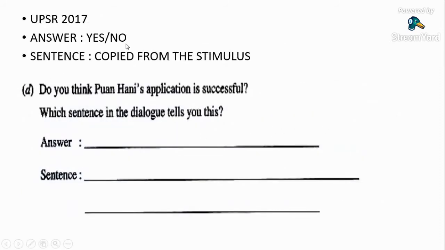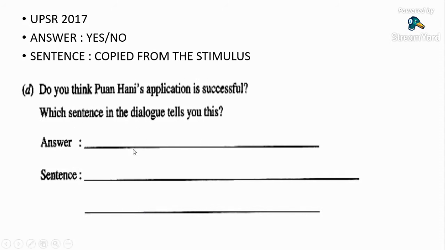So this was in 2017. Do you think Puan Hani's application is successful? So answer வந்து yes or no. You have to write yes or no. Sentence copied from the stimulus. So இருக்கிற sentence வந்து they just ask you to copy back. So when it comes to copy back, one thing I'm scared of, students normally don't pay attention to the spelling, and they will mark you wrong if your spelling is wrong, because 1 mark தான்.